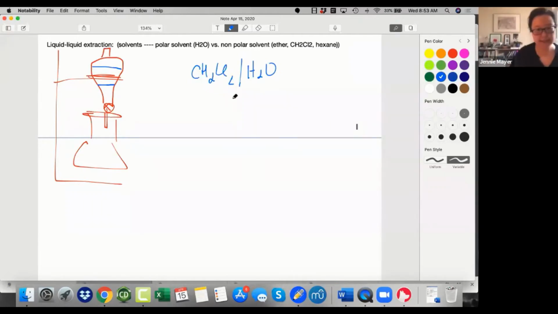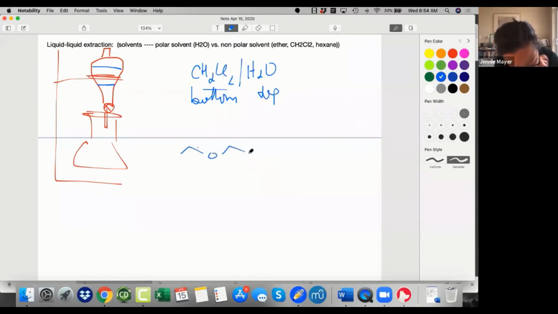Let's make a note of that. Methylene chloride will be on the bottom, and a lot of times you can tell just by looking at the density. Water will be on the top. Compare that to using diethyl ether and water, where it'll be reversed: ether on top and water on the bottom.